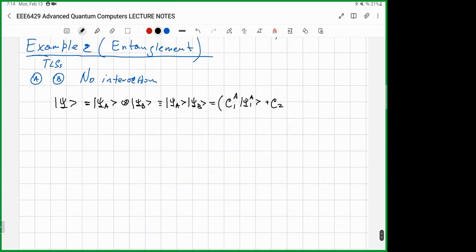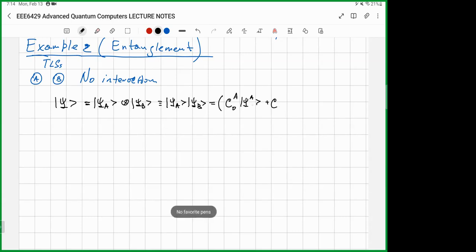Let me change the notation to make it consistent.